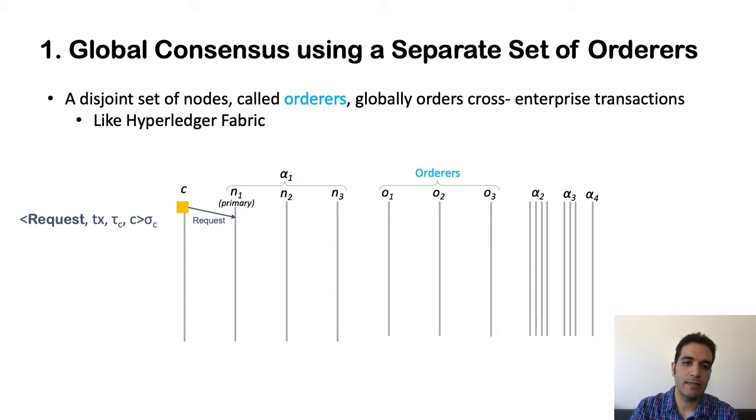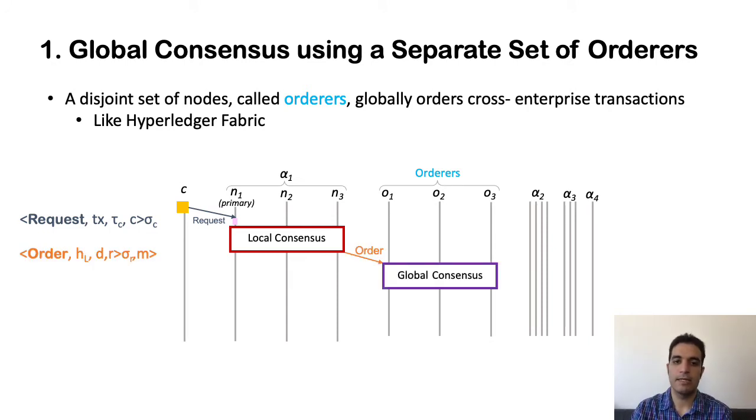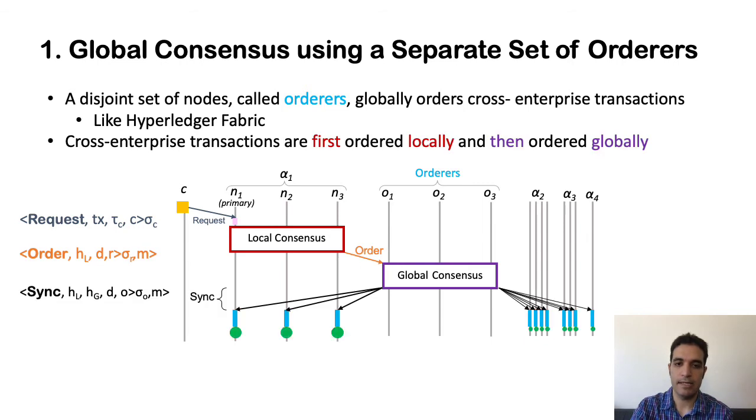So when a request comes to the enterprise alpha 1, they first run their local consensus to ensure that nodes in the enterprise alpha 1 agree with the order, and then they send the order request to the orderers. Then they run global consensus, and then they send a sync message to everyone, including this sequence number.